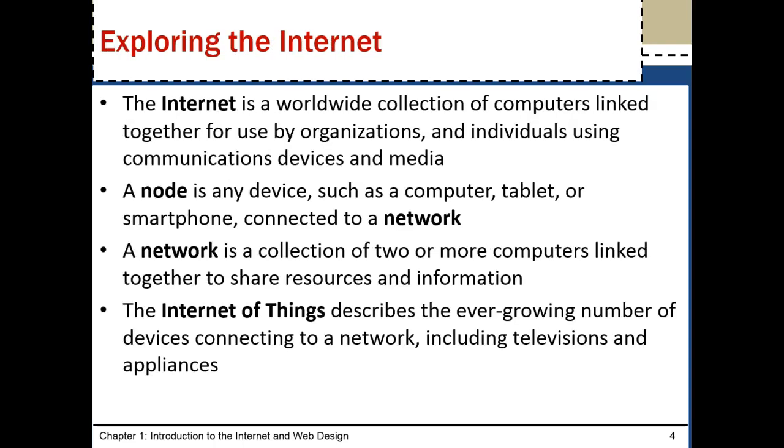Okay, now let's look at the internet. So what is the internet? The internet is a collection of computers linked together for use by organizations and individuals using communication devices. So the individual can use modem, phone lines, maybe cable TV, satellite links, fiber optic connection, radio wave, and other communication devices to establish the connection.